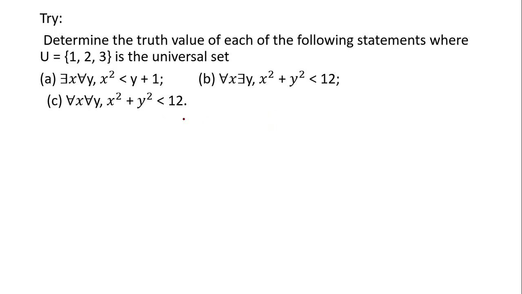So try this one, let me see. Determine the truth values of each of the following statements where U is the set {1, 2, 3}, the universal set.